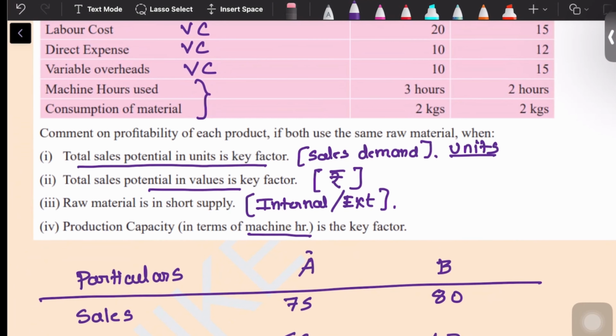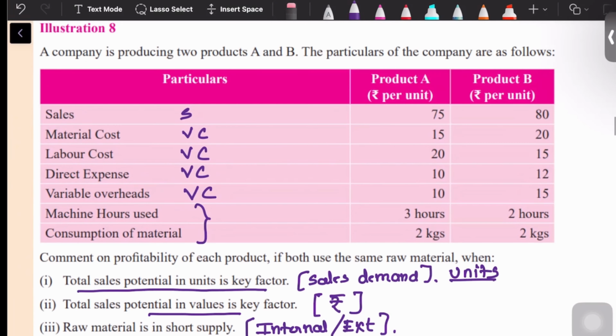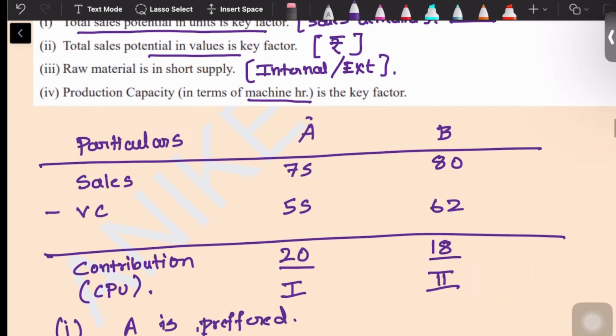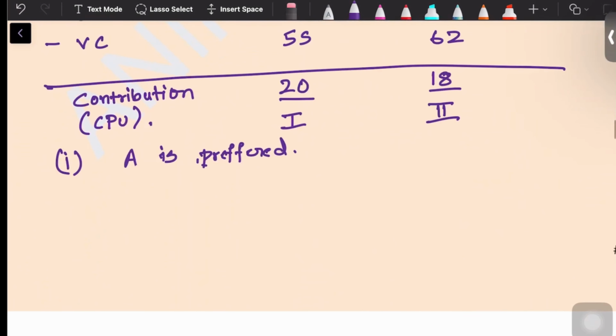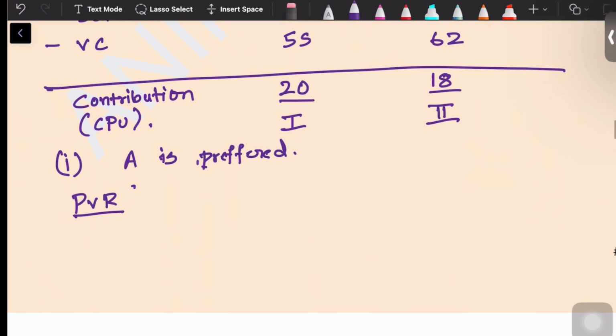Second, sales potential in value is the key factor. So here I cannot calculate the value. Why? I do not know the multiplier units for A and B. So alternatively, I have PV ratio. So I calculate PV ratio. PV ratio is given by contribution over sales.